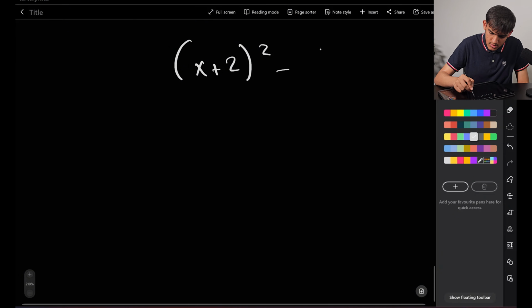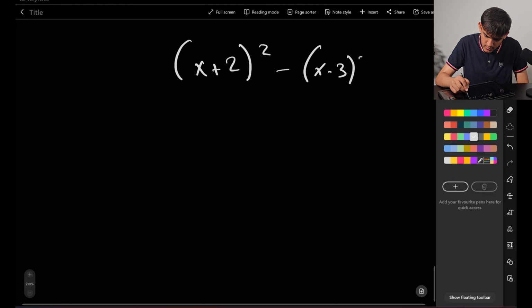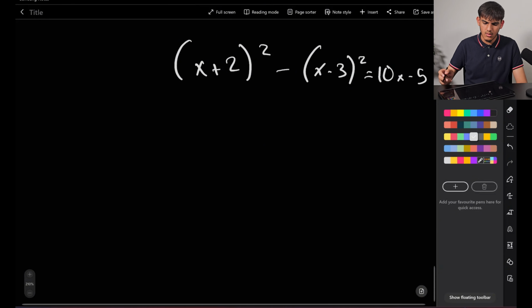Okay, so question 9 asks us to show algebraically that x plus 2 squared minus x minus 3 squared equals 10x minus 5. So how I do this question is, first of all, just like how we did in question 2, we'll expand and simplify x plus 2 squared and x minus 3 squared respectively.